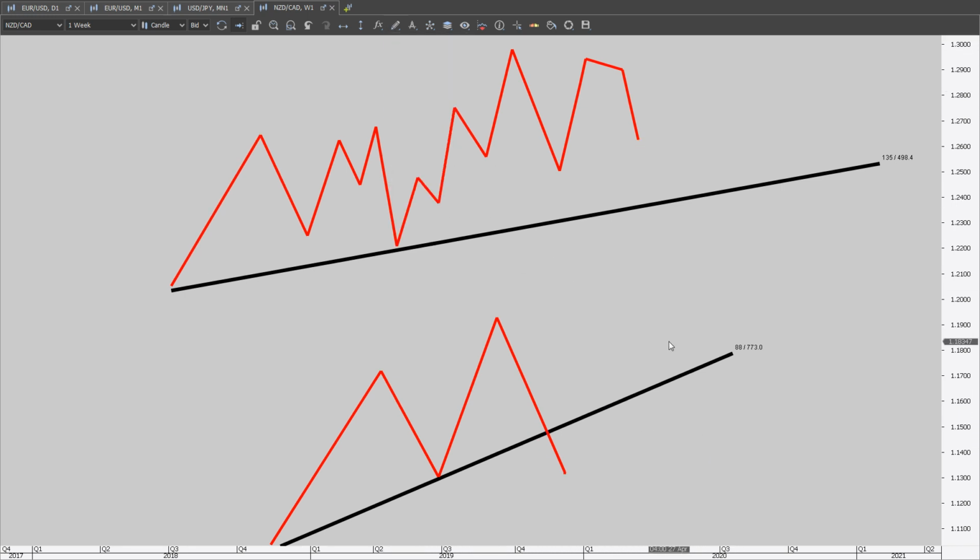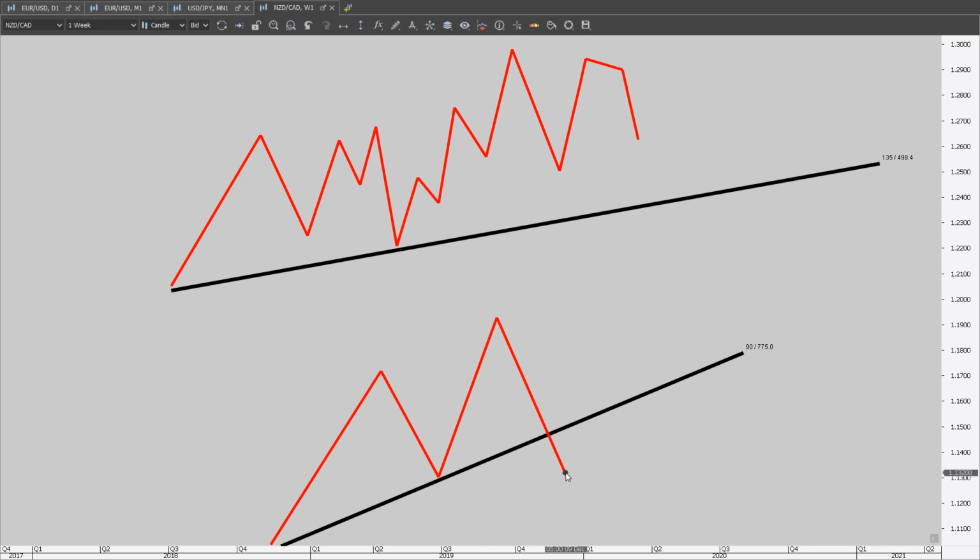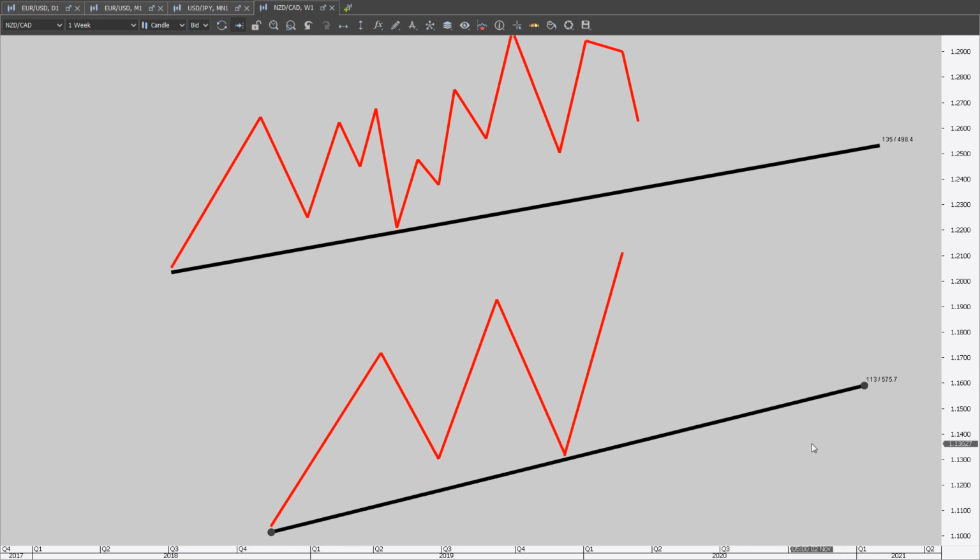Okay, so yes, this trend line is like this. When the market makes the second low, see the trend line is broken, but unless the market makes a higher high, we cannot adjust the trend line. Yes, you are correct, MJ. You need to see a higher high in order to correct the uptrend line.